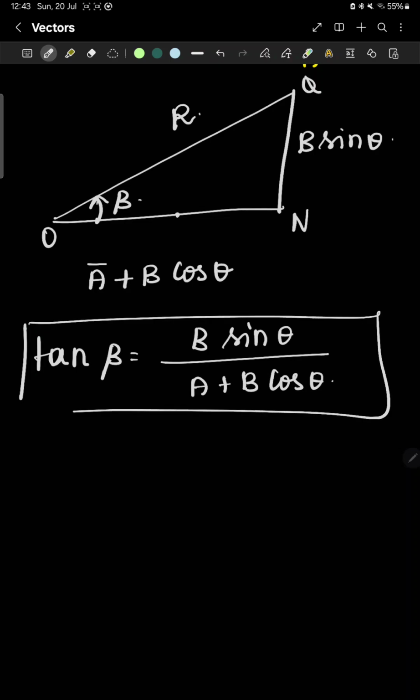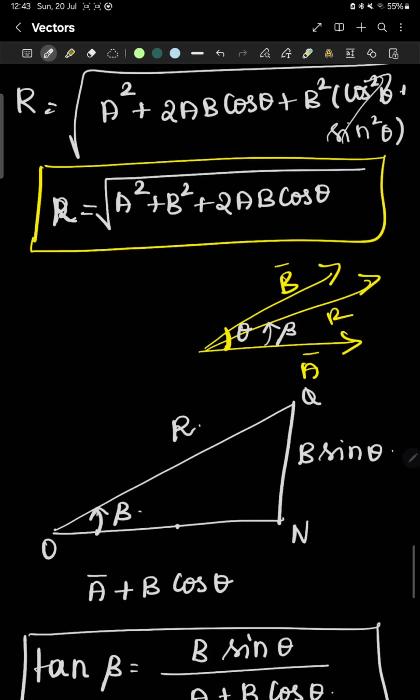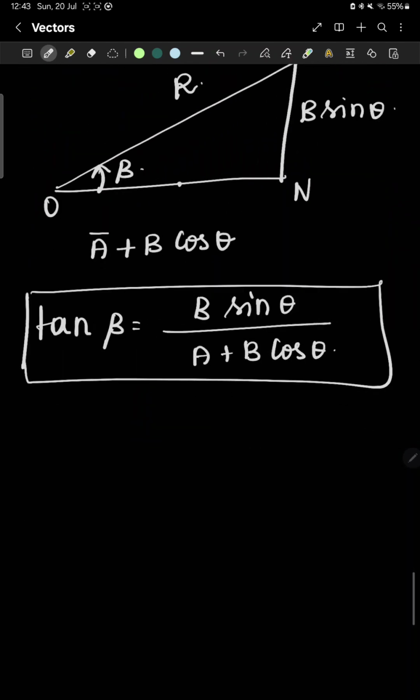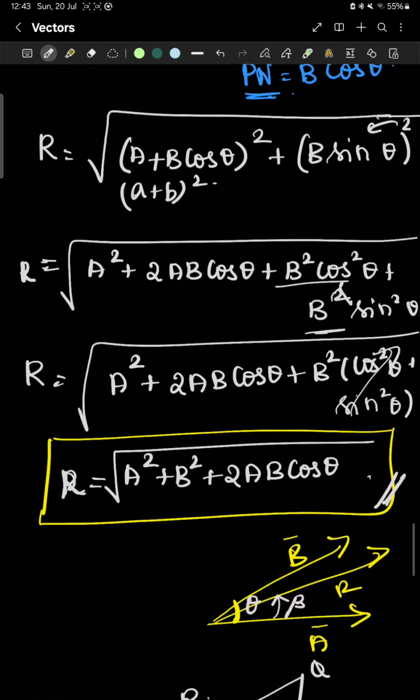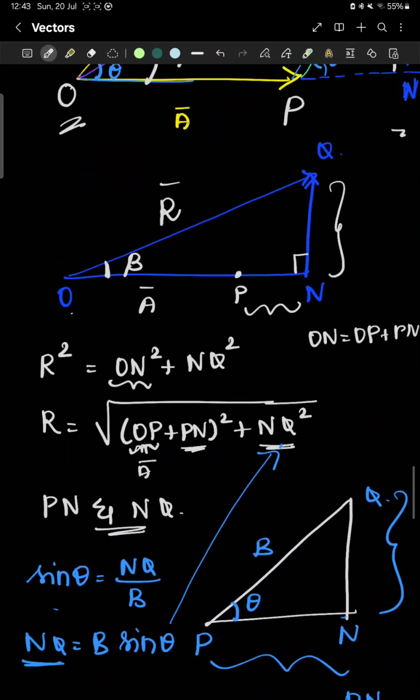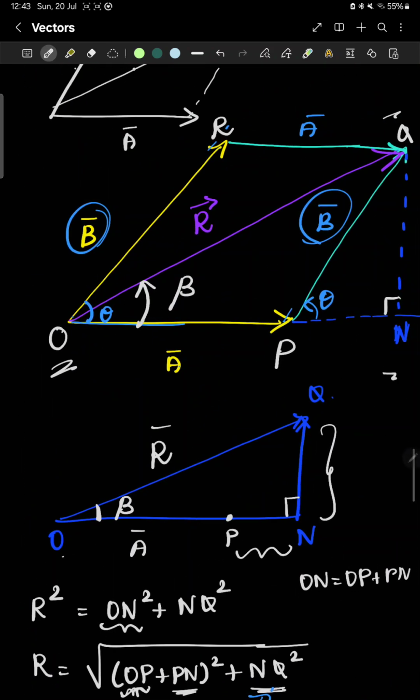So now we got the two formulas. One is to find the value of the resultant vector, and the other formula finds the angle which the resultant vector makes with the first vector, which is A vector. Suppose I am considering the angle from the second vector; here I just calculated tan beta.